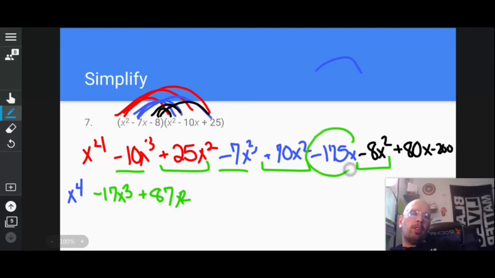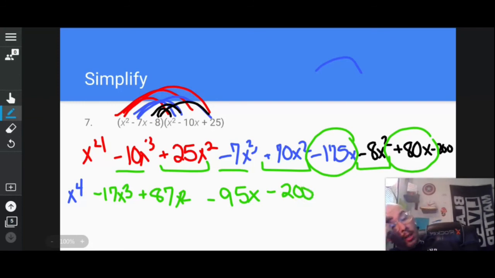Negative 175x plus 80x is going to be negative 95x. And then minus 200. And that's it.